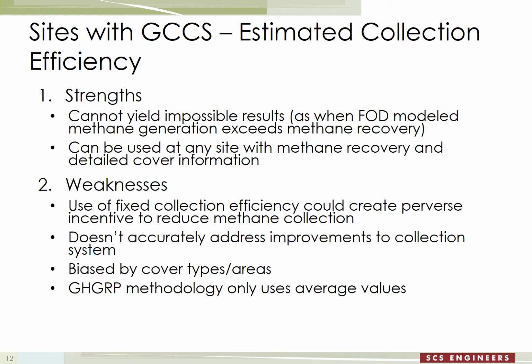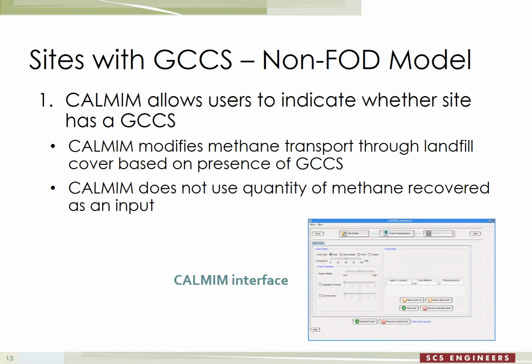The methodology that EPA adopted into their greenhouse gas program actually only uses average values for the different collection efficiencies for the different cover types, so that really fixes your values. The full SWICS methodology allows you a range of values based on how well the gas system is actually performing, including surface monitoring and other monitoring data.